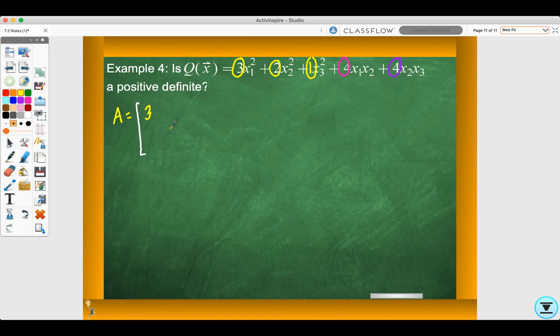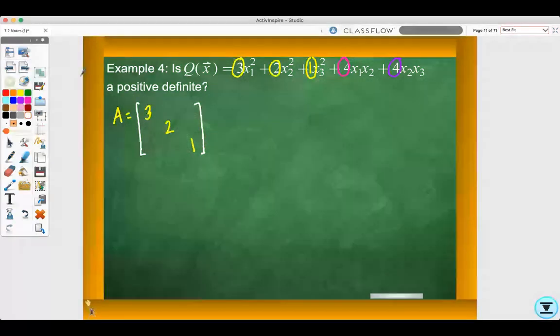So we have 3, 2, 1. That first 4 that I have in pink is going to be split evenly first. The last 4 is going to be split evenly here. And then since I don't have any other terms, those would be 0.